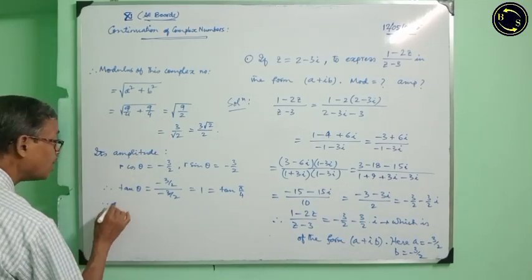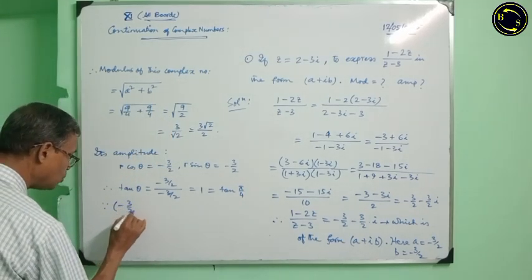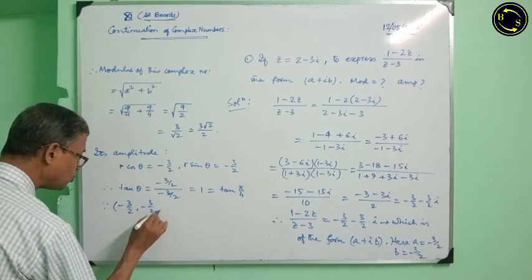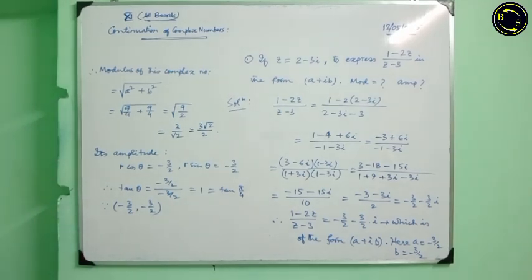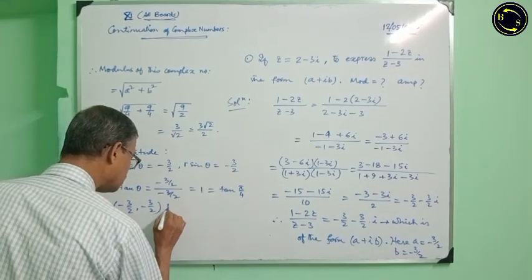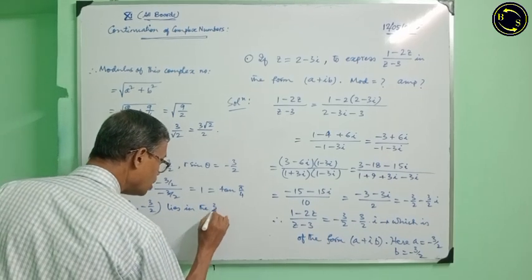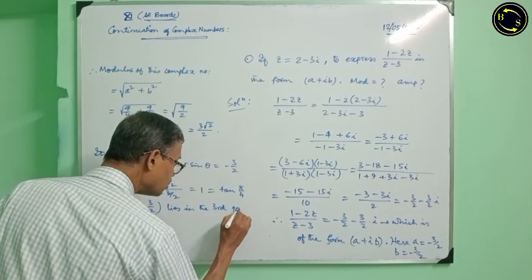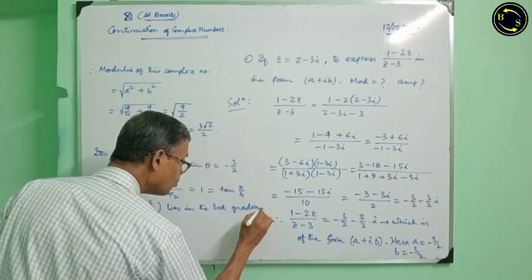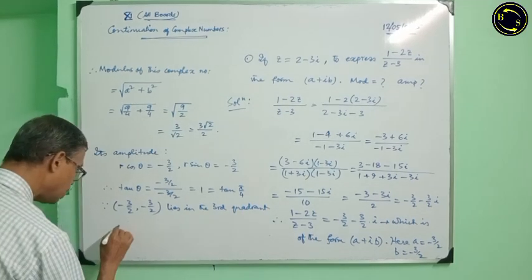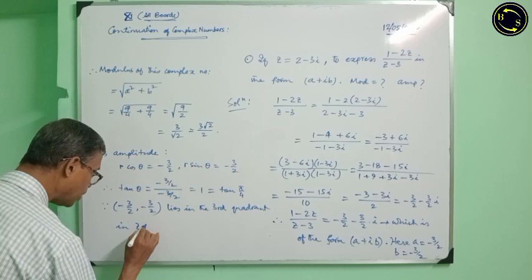Since minus 3 by 2, minus 3 by 2, note this one lies in the third quadrant in the z plane.